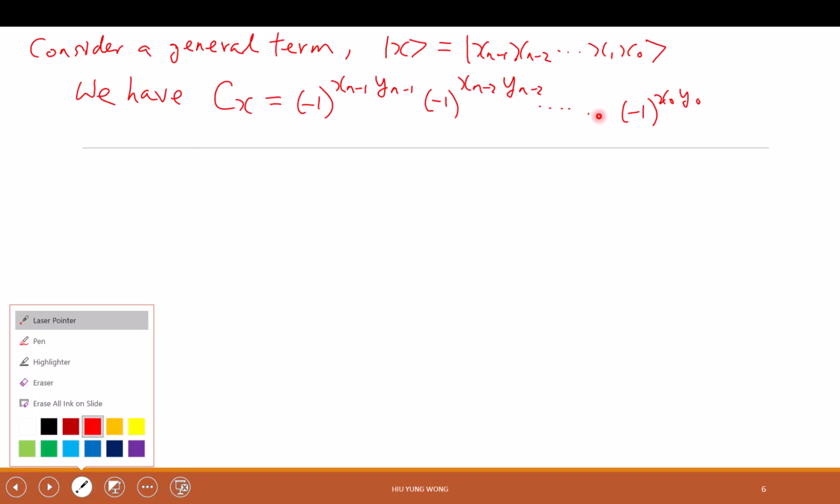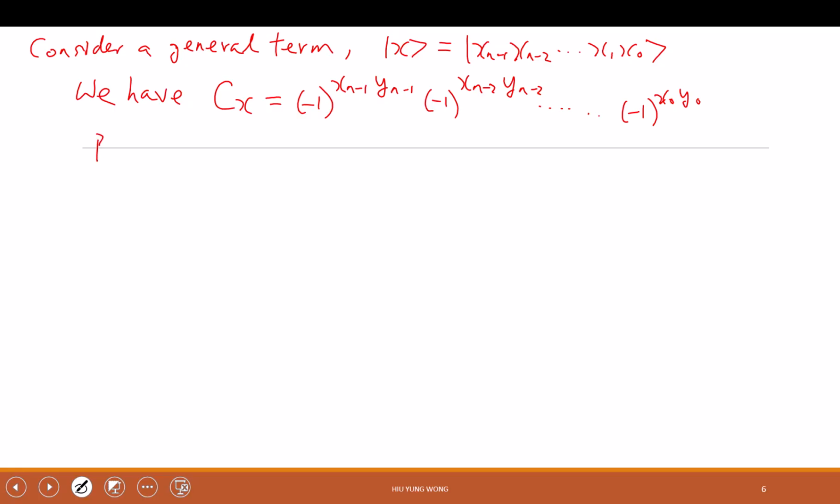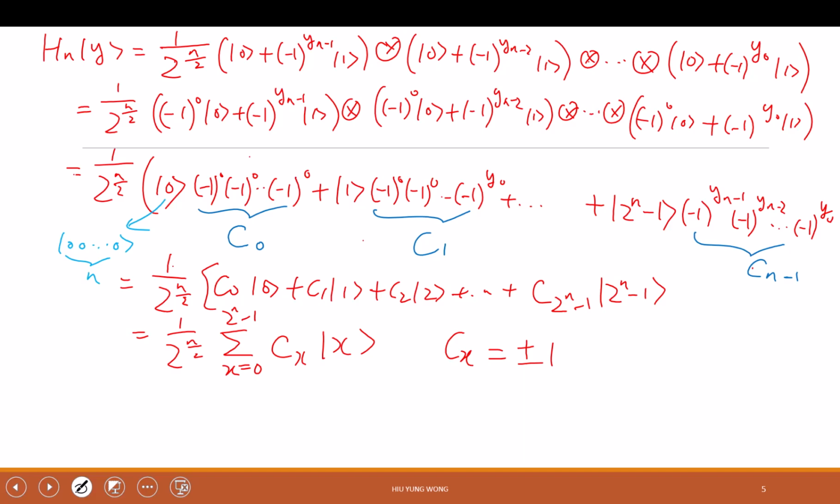The reason is this. We have this. Why? Because in the term, we get negative 1 to the power 0 if xn minus 1 equals 0, right? You remember this is by multiplying the coefficient in front of 0 or 1.